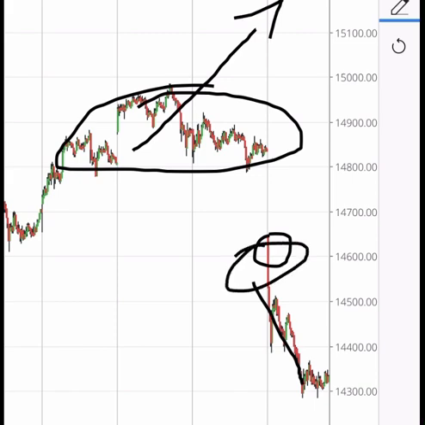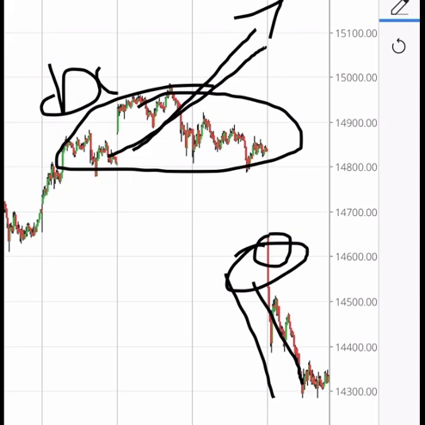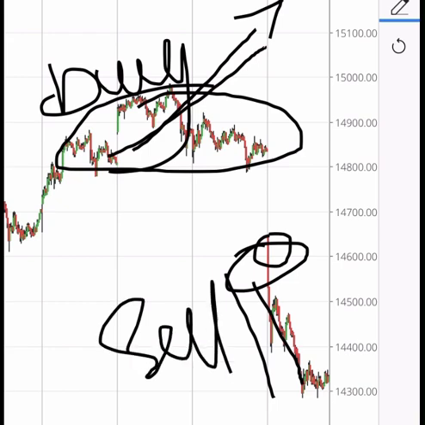So once they square off or book their position, it becomes a sell order. Here the people who are going long create a buy order, and once they exit, their buy order becomes a sell order. That's why the market keeps on falling down.